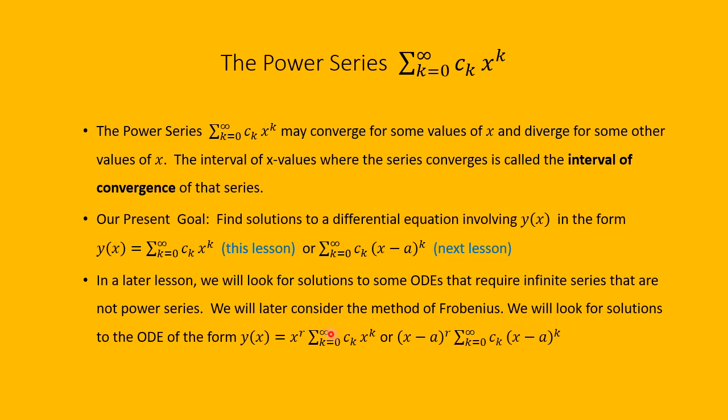And in the cases we're going to look at, this r is not going to be a positive integer. It'll be some other type of number, and so it will give us solutions that we would not get if we only considered power series of the two forms that we have here. So this method of Frobenius will allow us to solve more ordinary differential equations than we could otherwise.